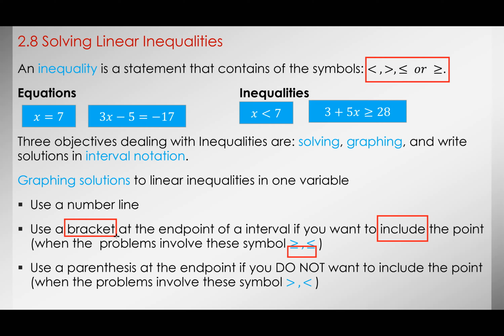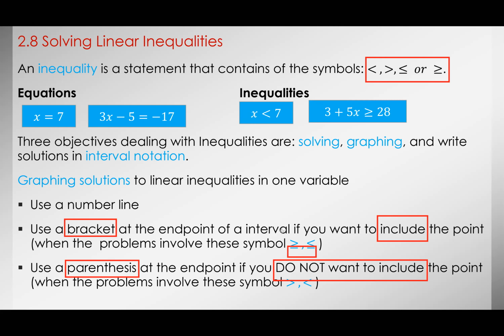If you saw this earlier, they might have told you about an open circle and closed circle as a notation, but now instead of open circle and closed circle, we're using this bracket if we see the equal sign. If there is no equal sign, we do not include the endpoint.